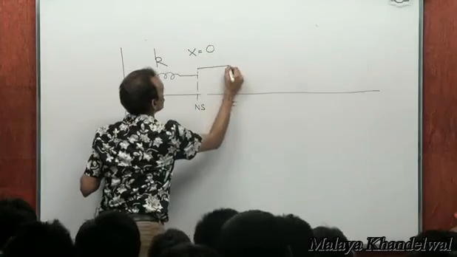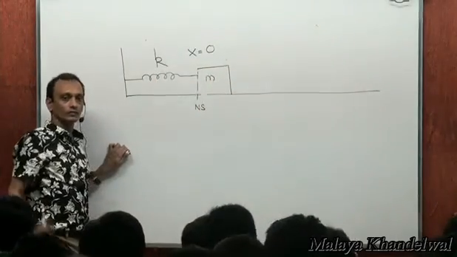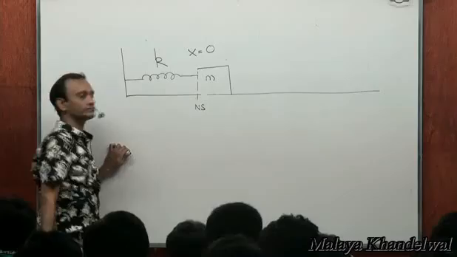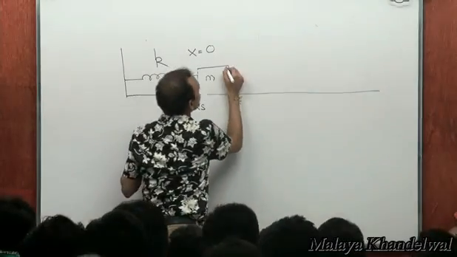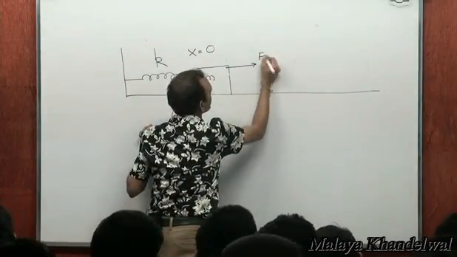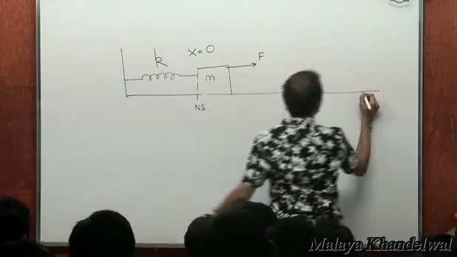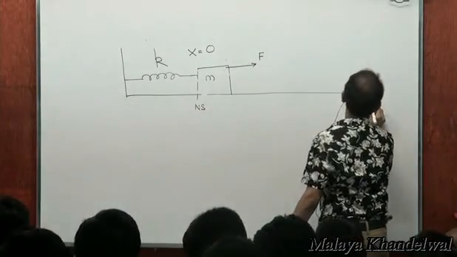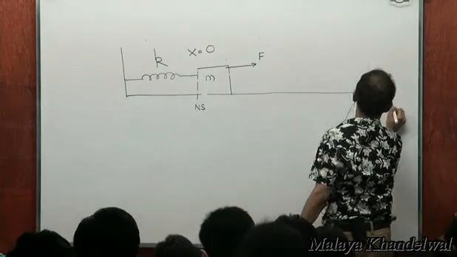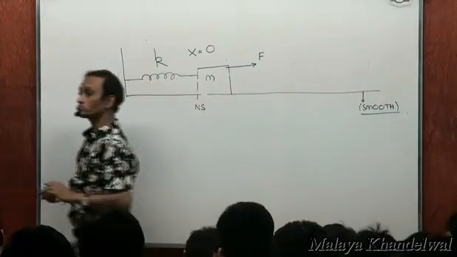There was a mass m connected to the spring, and there was a force F acting to the right. And let's say this surface was smooth, frictionless.